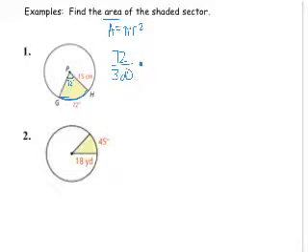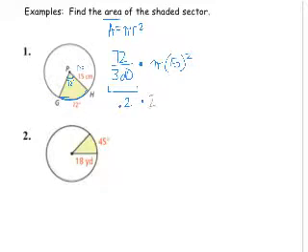The area of the circle is pi, and I see that 15 is my radius, so 15 squared. Alright, so I'm going to calculate what percent that is. 72 divided by 360 gives me 0.2. So 20% of the circle is shaded. So that would be 20% of 15 squared, so 225 pi.